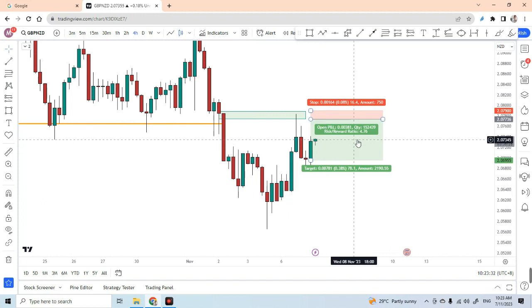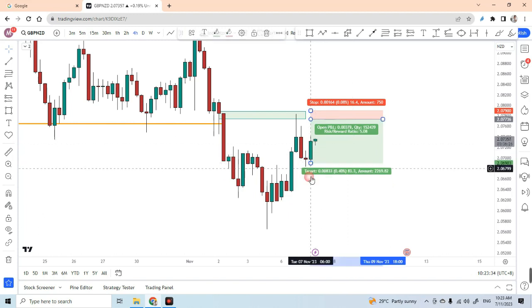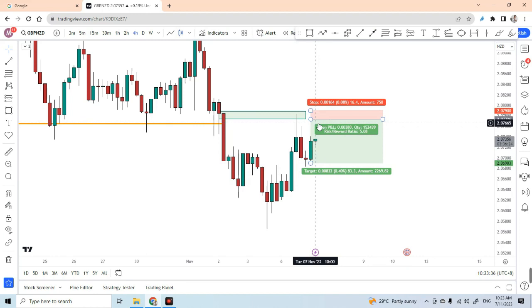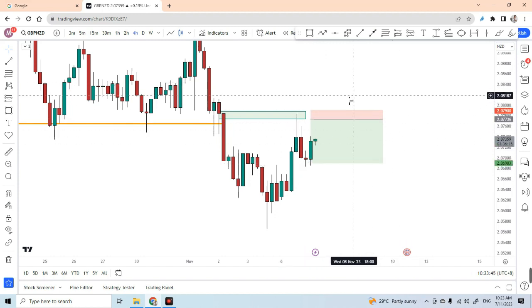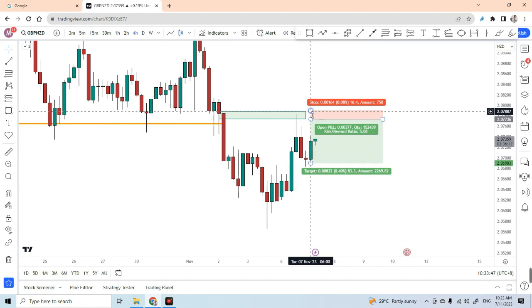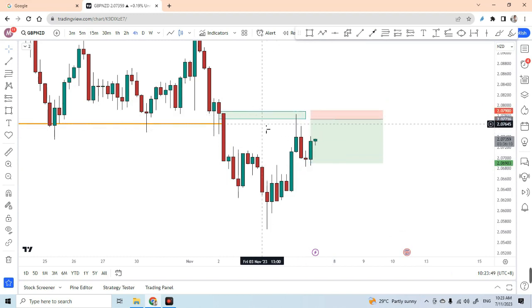But if you're able to get a risk reward ratio like this, 1 to 5, on every single trade, and maybe 6 or 7 trades in a week, I can guarantee you your account will definitely grow a lot, very significantly.